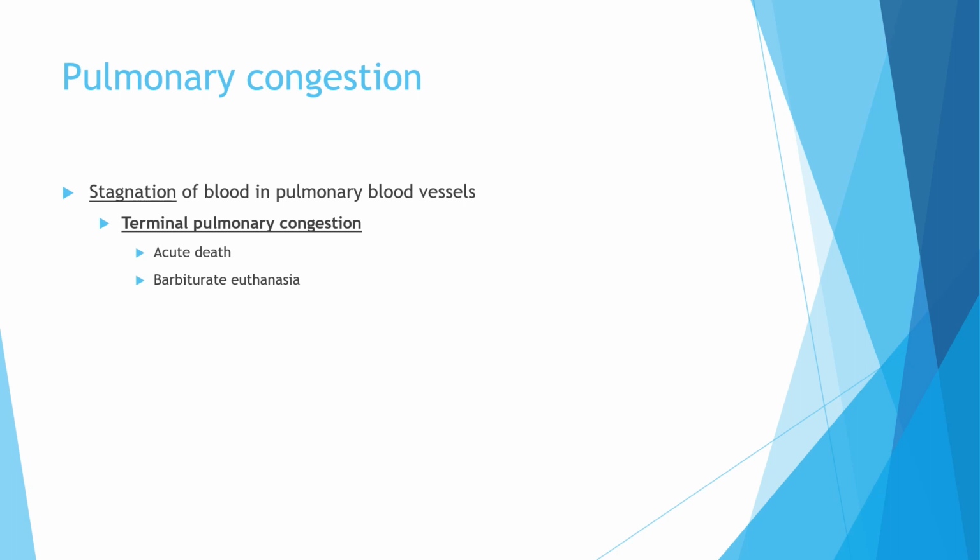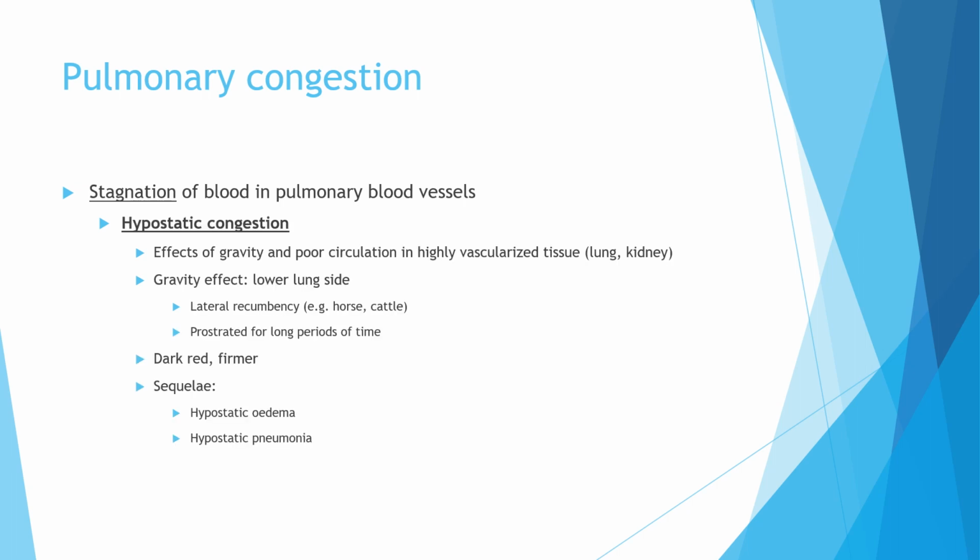And like I said before, your pulmonary congestion can be due to an acute death, barbiturate euthanasia, or it can actually be antemortem. It's important that you're able to understand the concept of hypostatic congestion. This is something that often affects your large animals like your horses and your cattle.